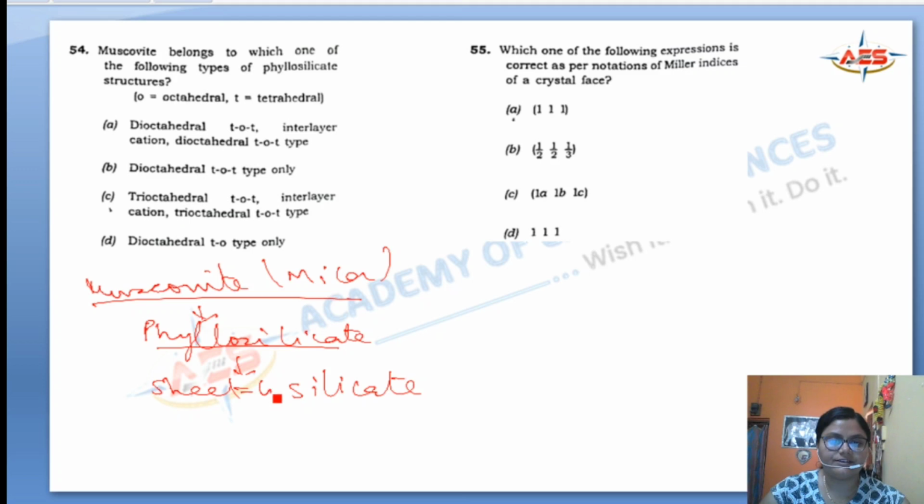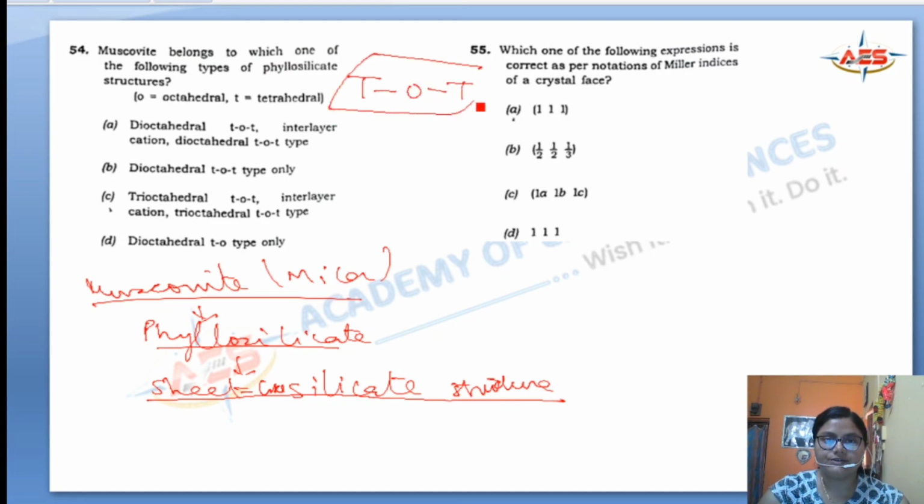Okay, it has a sheet-like silicate structure. And here in the case of muscovite क्या होता है? ये जो sheet like silicate का structure होता है, these sheets are made up of TOT layers.